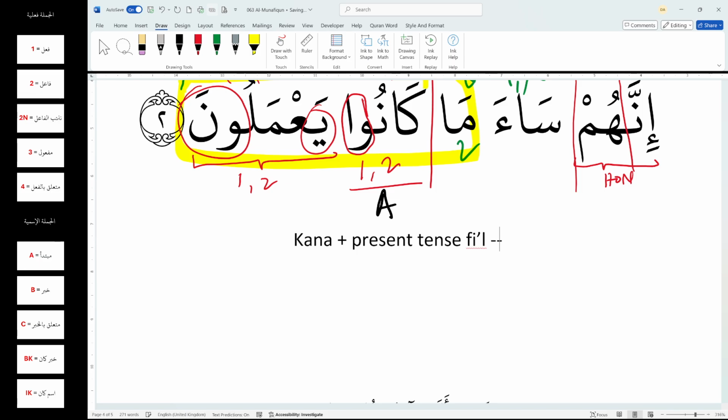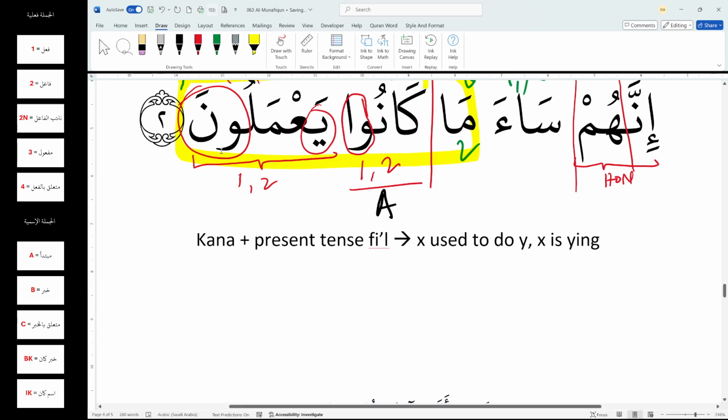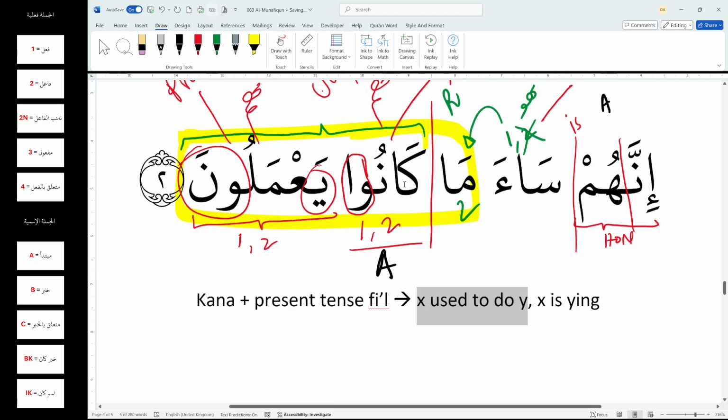If I'm trying to explain it, for example, ya'malun means to do, to act, amal. So kanu is past tense and ya'maluna is present tense. So I'm going to use this template just so you're at ease. You could say they used to do, or you could say they were doing, which is this second type of template.